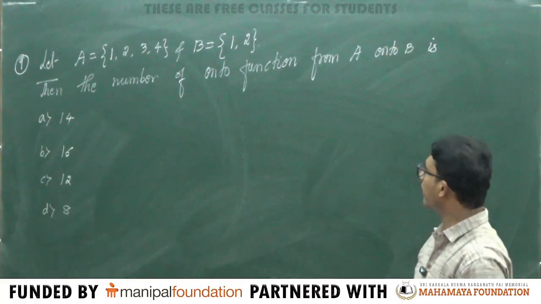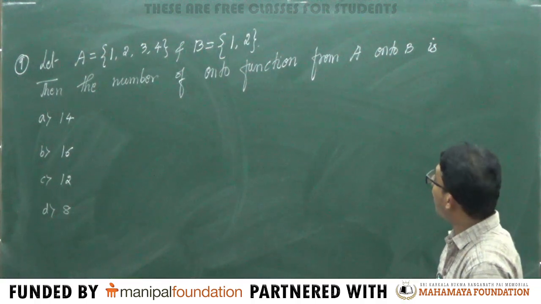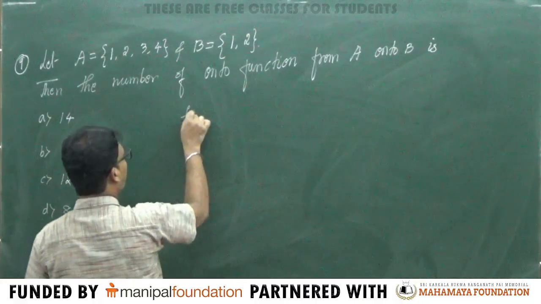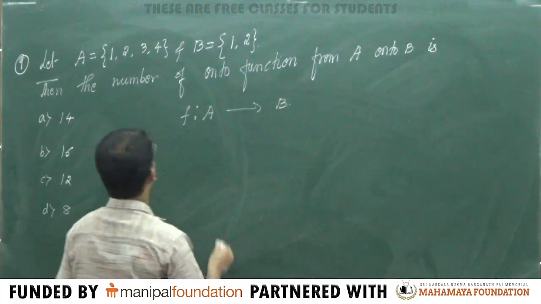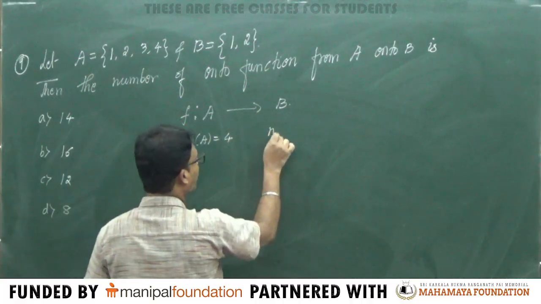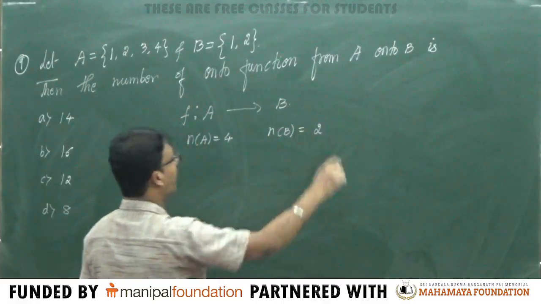So in this question they gave the set A and also B. Here we are finding the number of onto functions from the set A to B. The set A contains 4 elements, the set B contains exactly 2 elements.